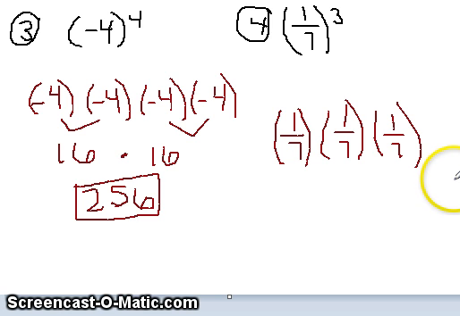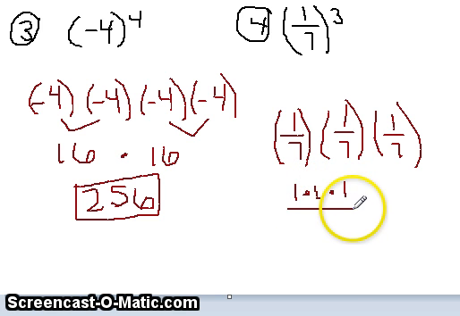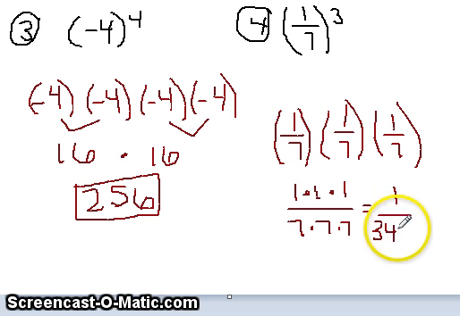So when we're multiplying fractions together, what we're really doing is multiplying all of our numerators together. So 1 times 1 times 1, and then all the denominators, 7 times 7 times 7. So on the top, the numerator becomes 1, and the denominator becomes 343. 7 times 7 times 7 is 343. So our answer would be 1 over 343.